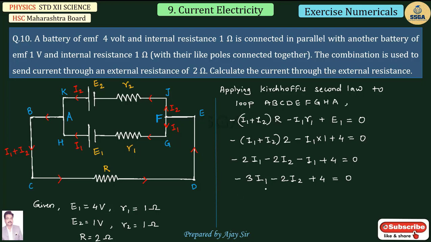Now let us shift the 4 to the right-hand side. So minus 3 I1 minus 2 I2 is equal to minus 4.